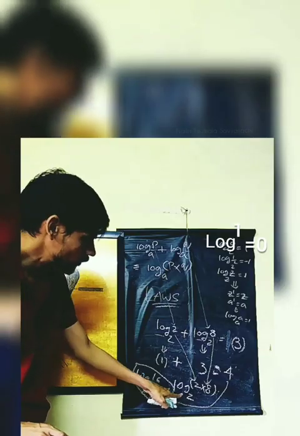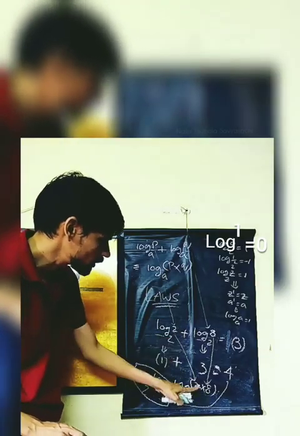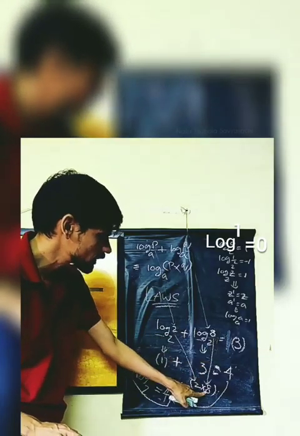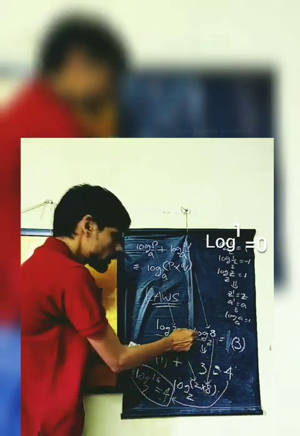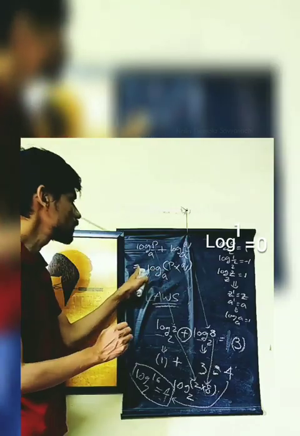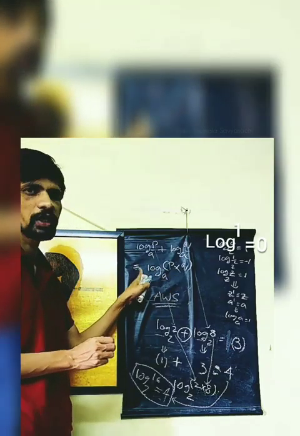Log base 2, the first exponent is 2, the second exponent is 8. So we are simply multiplying when we are adding 2 logs. So this is another formula, another law.